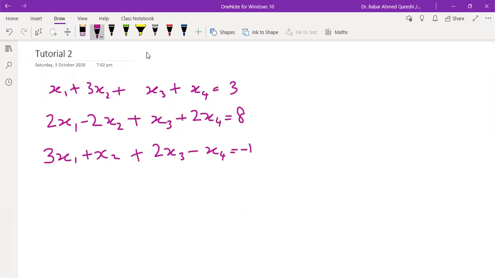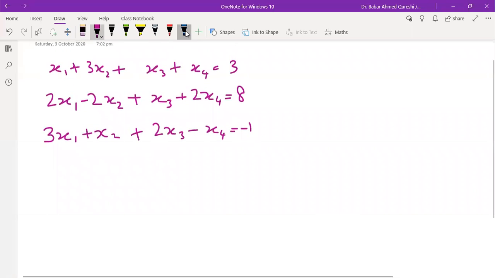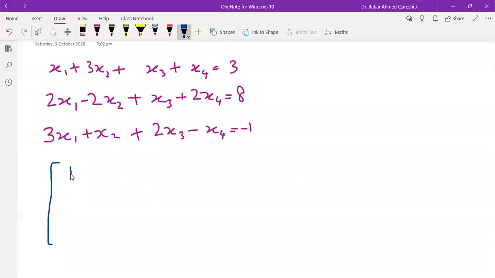So again, we can write the matrix first. 1, 1, 3, 1, and a 3 here. You have a 2, minus 2, 1, 2, 8, and then 3, 1, 2, minus 1, and a minus 1.